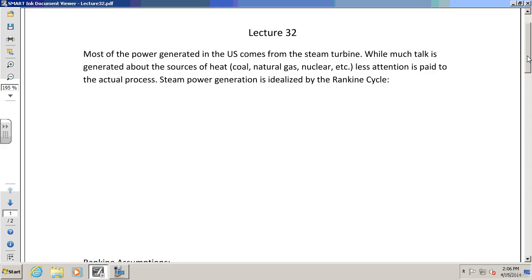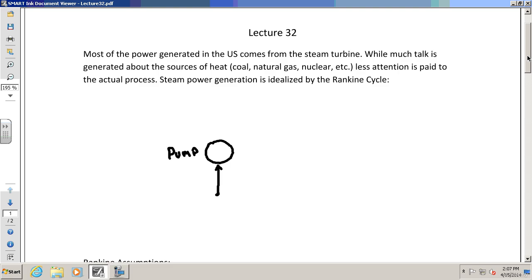And all those things, whether it's coal, natural gas, nuclear, use this basic cycle, okay? So let's go over the Rankine cycle. So where do we begin? Well, I'm going to begin here, and we're going to have water. This is liquid water that's going to go into a pump. So we've got a pump here.